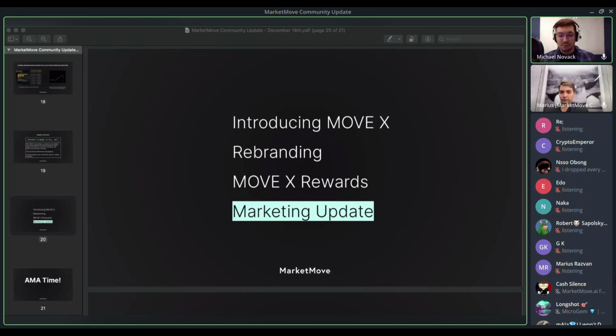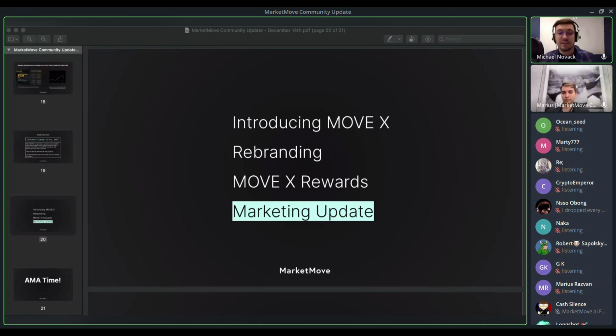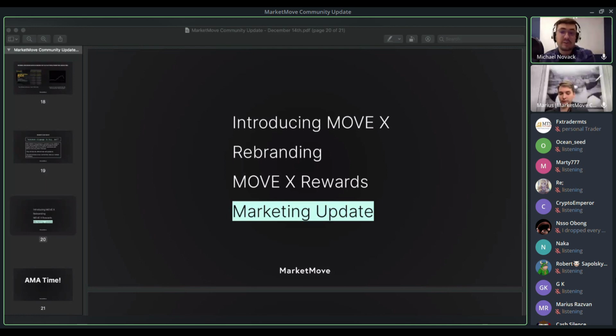What we are going for, and you can see it clearly here with the Movex strategy, the whole rebranding, and Movex Rewards, is an actual strategy that will help us grow in a sustainable way, with the word spreading much quicker than previously, and with the whole company, the brand and the token, most importantly, looking much more professional to investors, both retail and institutional. So this is the big picture.